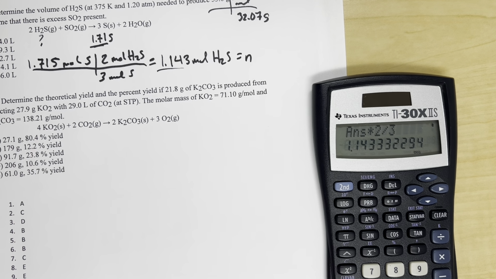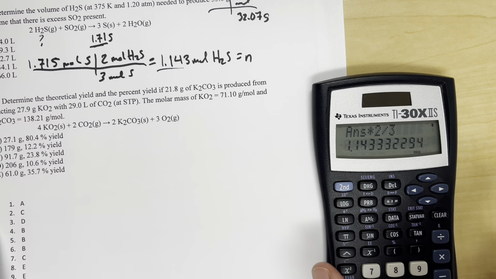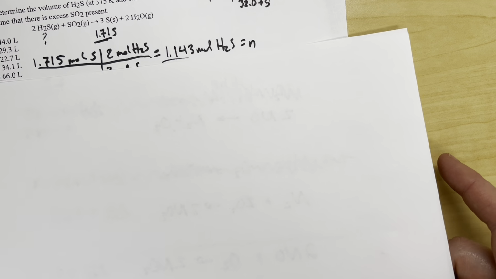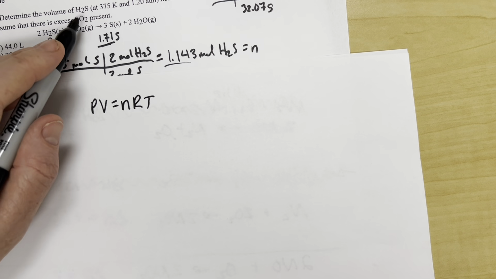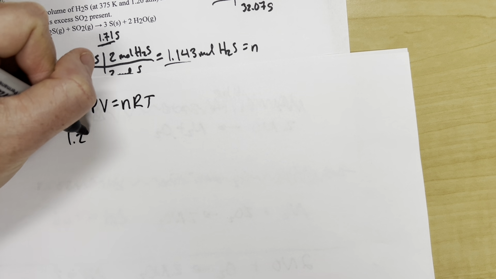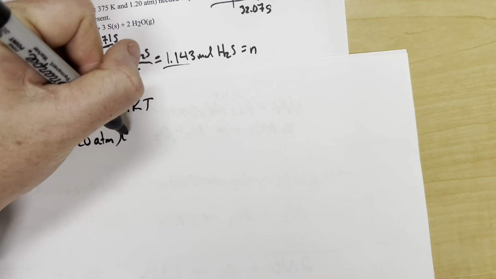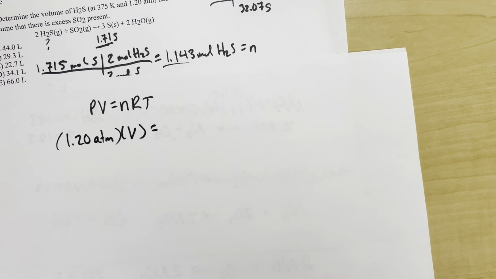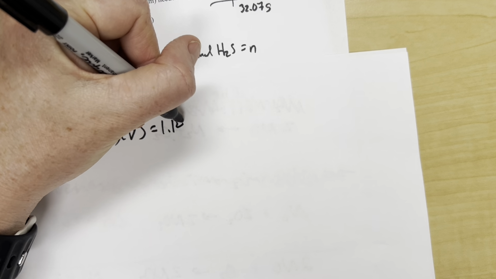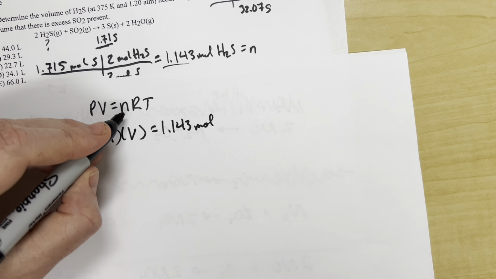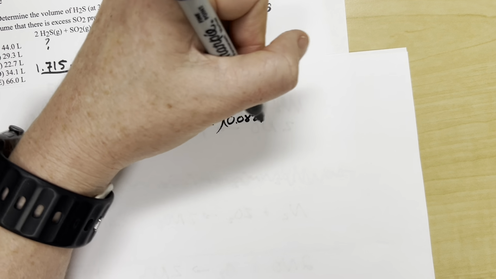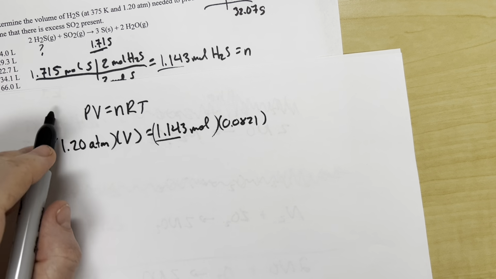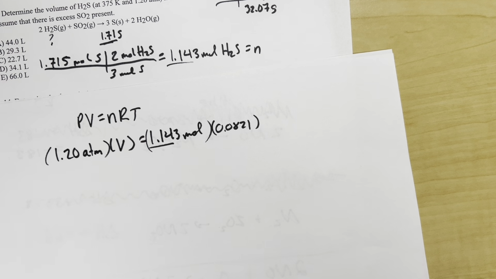So we can now take that number and solve with PV equals nRT. We know our pressure is 1.20 atm. Our volume is what we are looking for. It equals 1.143 mole as our n, 0.0821 as our R, and then our temperature is 375 Kelvin.